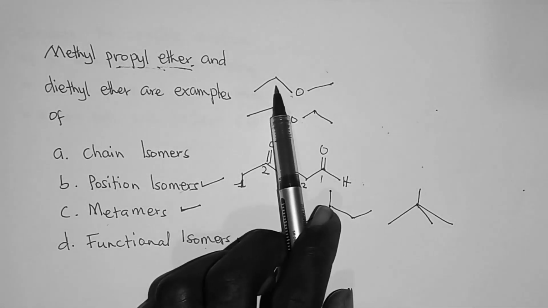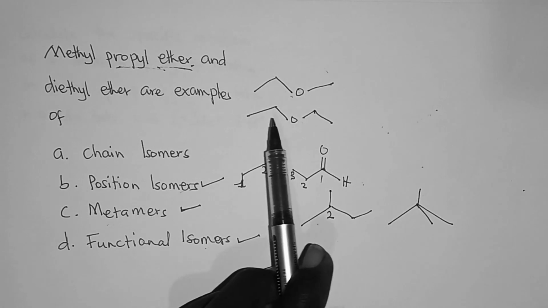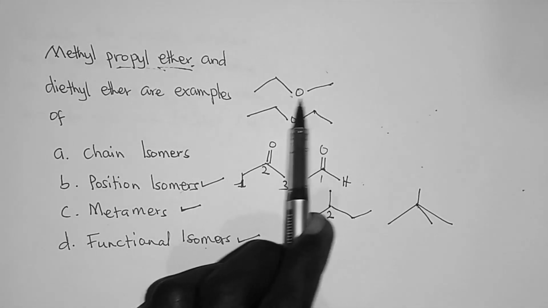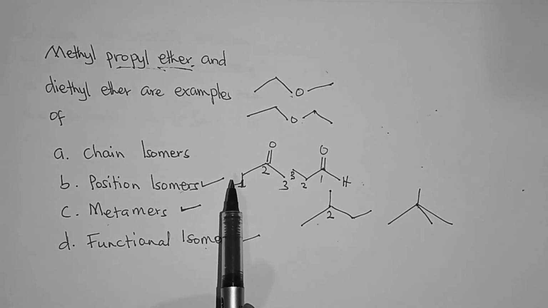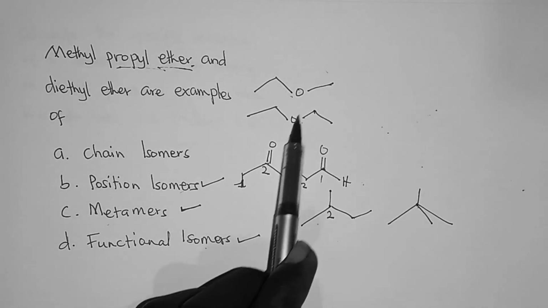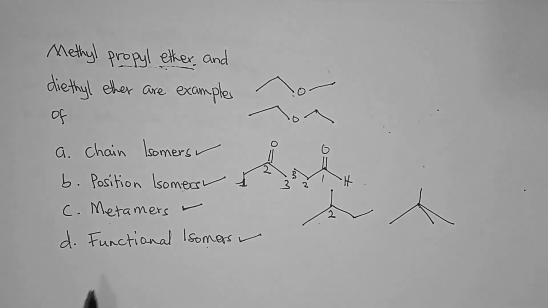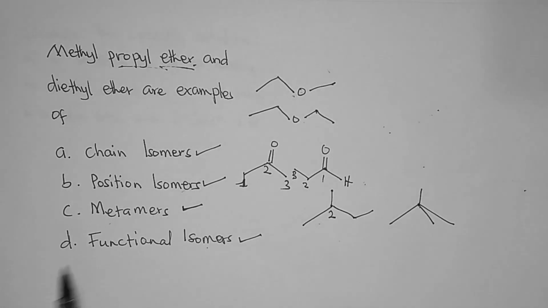Now let's come to the diethyl ether and methyl propyl ether. You can see that along the chain, this one has an oxygen between carbon number 1 and carbon number 2, and this one has an oxygen between carbon number 2 and carbon number 3. So they are also chain isomers. And therefore, methyl propyl ether and diethyl ether are all of the above.